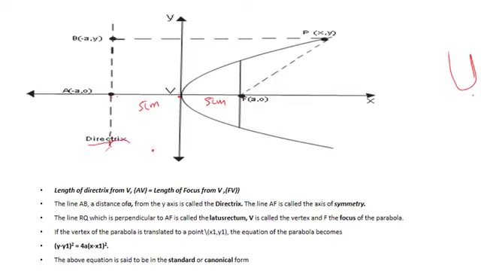The line AF is called the axis of symmetry. Now where is A? This is point A, and this is point F. From here to this point is our axis of symmetry. Now the line RQ is perpendicular to AF. Where is our RQ?